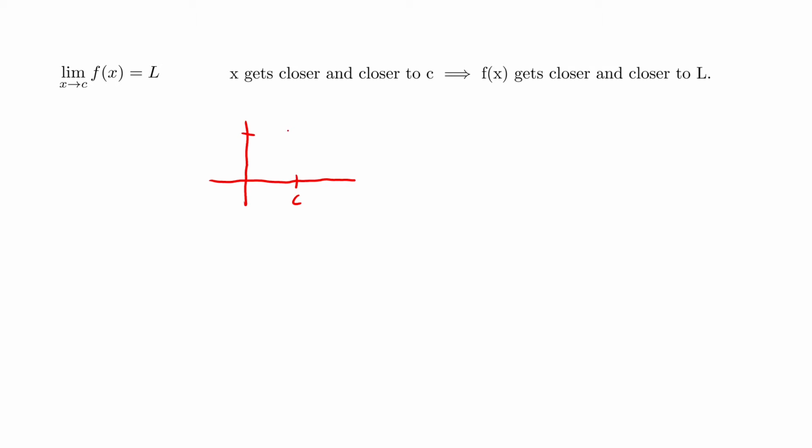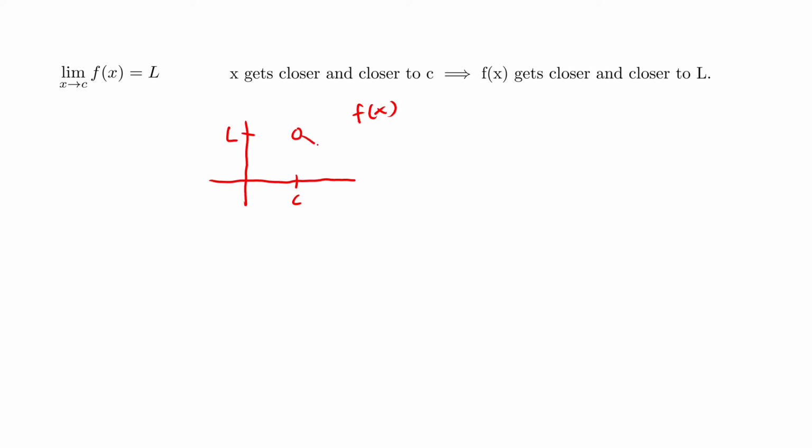The idea is, let's say you had a point L, and the function wasn't necessarily defined at c, so I'm trying to graph the function f of x, and we're going to put a hole here. Granted, you don't have to put a hole there, but that's typically when things are most interesting.